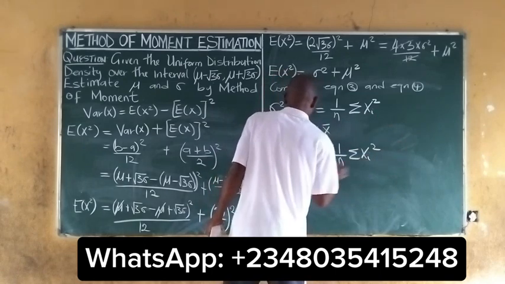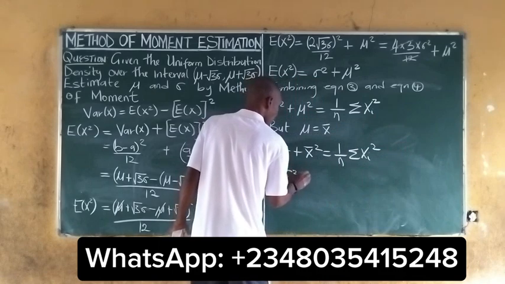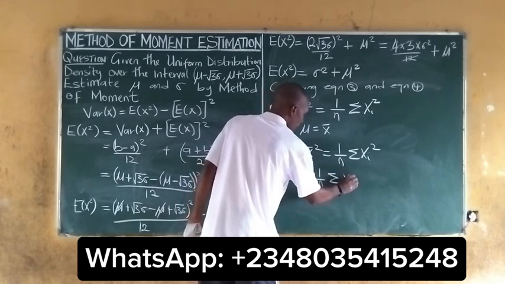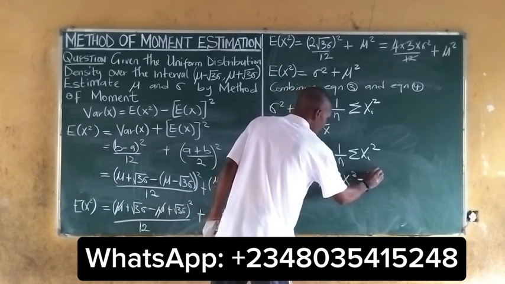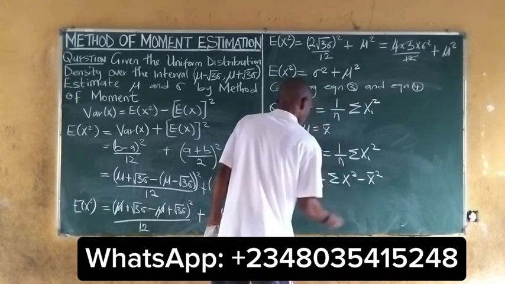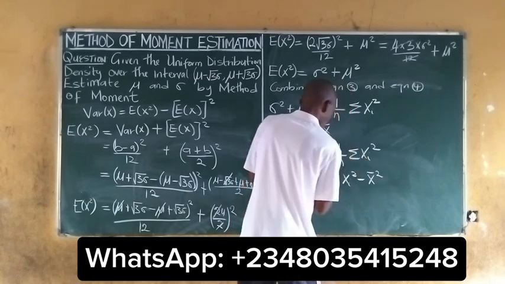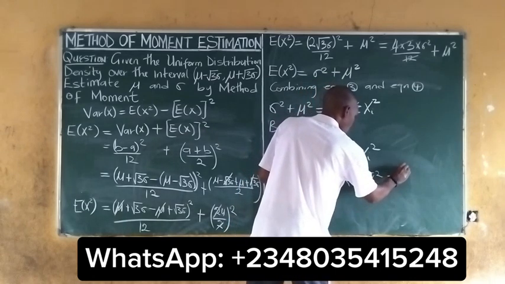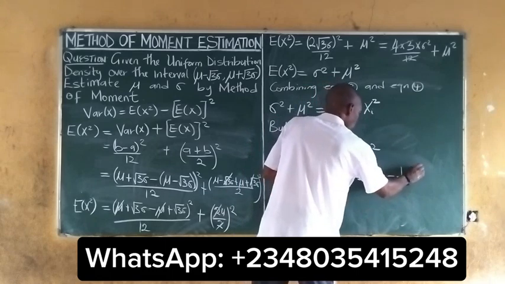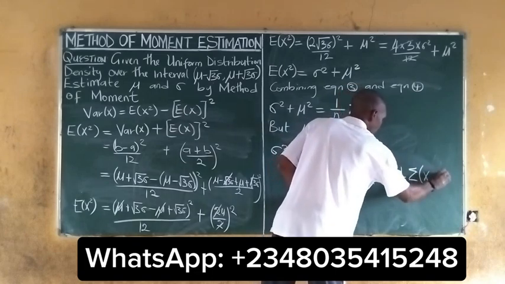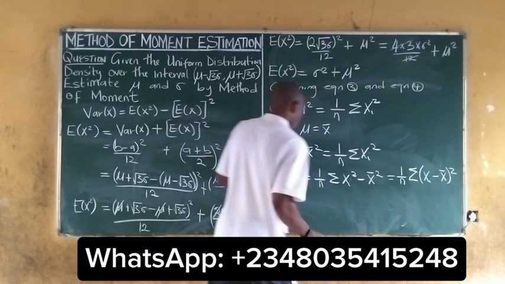This can go over to the other side to give us sigma squared equal to 1 all over n summation of xi squared minus x bar squared, which is the same thing as 1 all over n summation of xi minus x bar all squared.